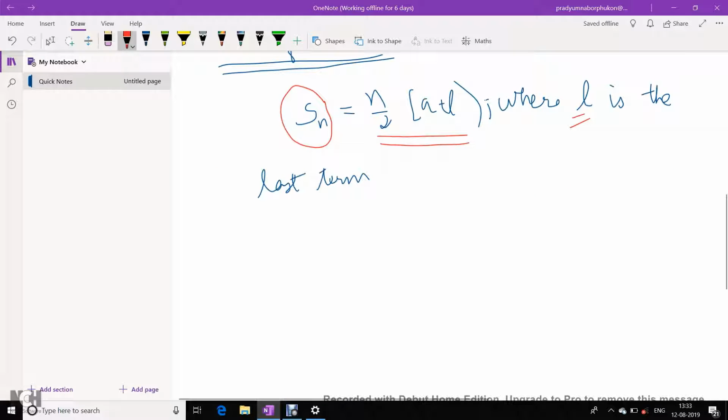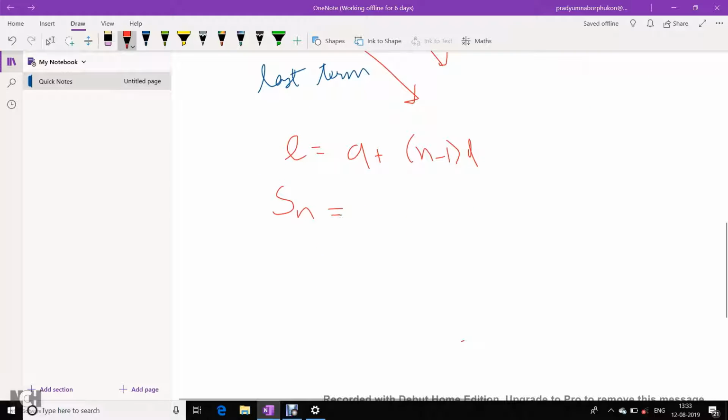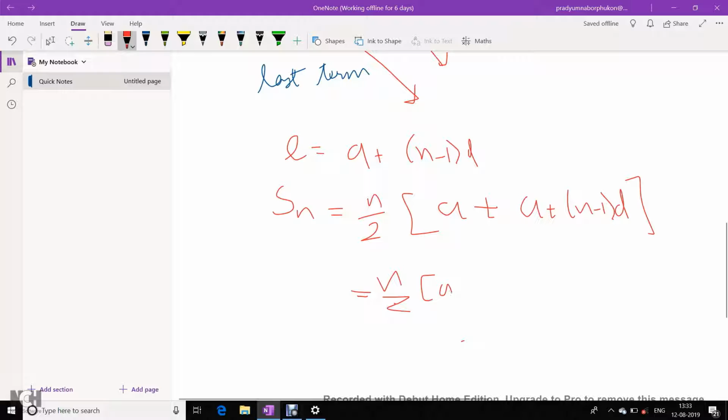Now we can derive another formula from this particular formula. What is l? l is the last term, which is a plus n minus 1 into d, since it is the nth term. So substituting that in the formula, what will we get? n by 2 into, sorry, twice a plus n minus 1 into d, right?